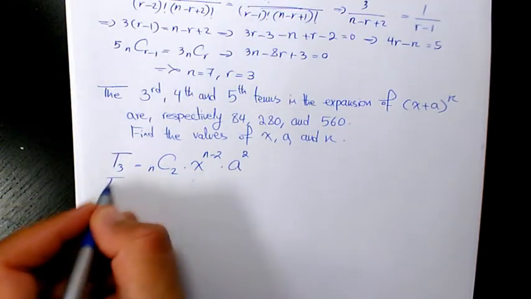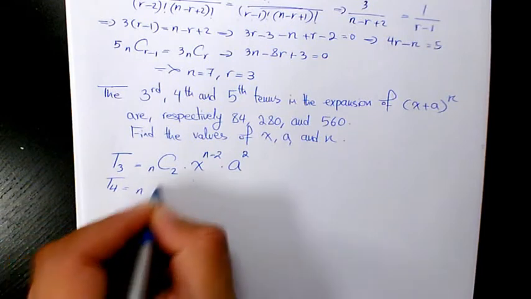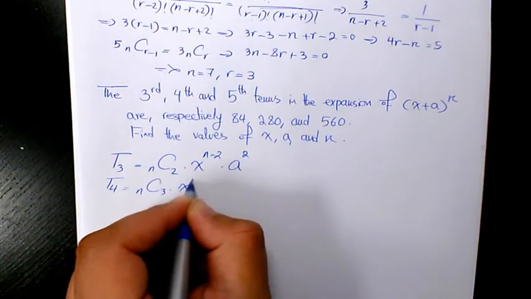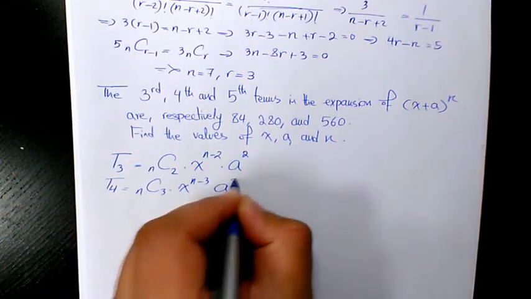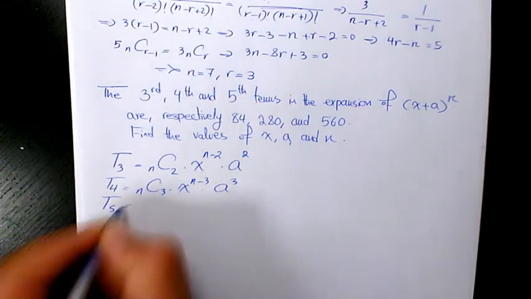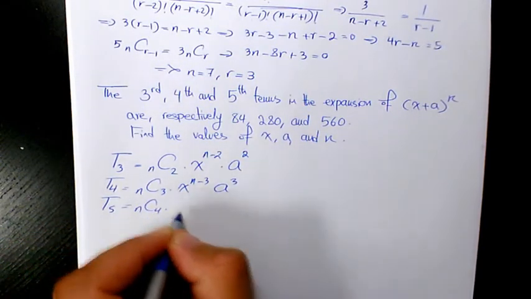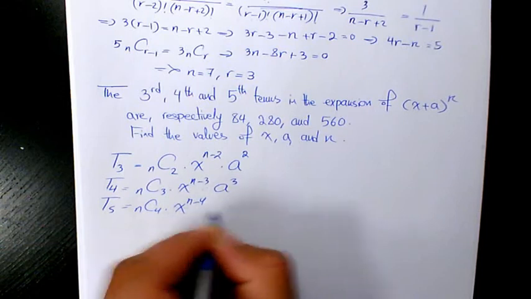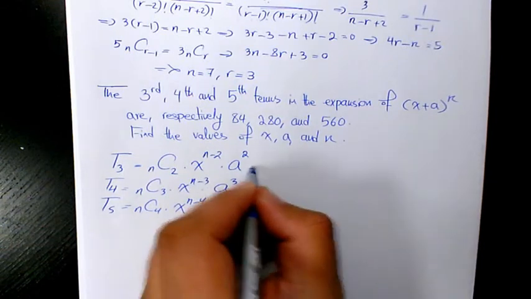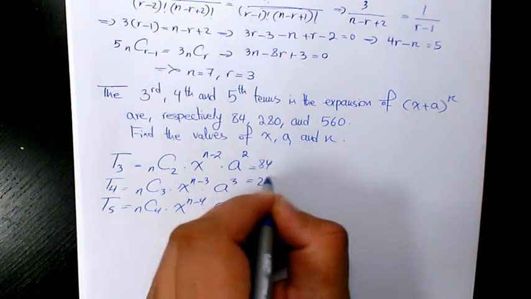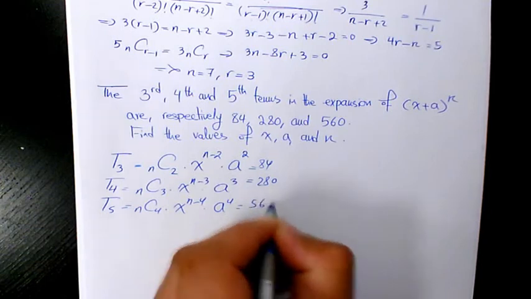Then T4 is nC3 x to the power of n minus 3 a to the power of 3, and T5 is going to be nC4 x to the power of n minus 4 times a to the power of 4. So this one is 84, this one is 280, this one is 560.